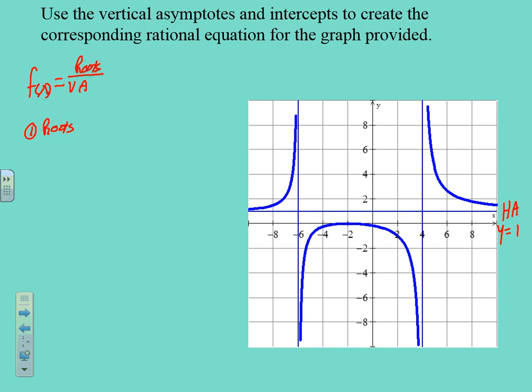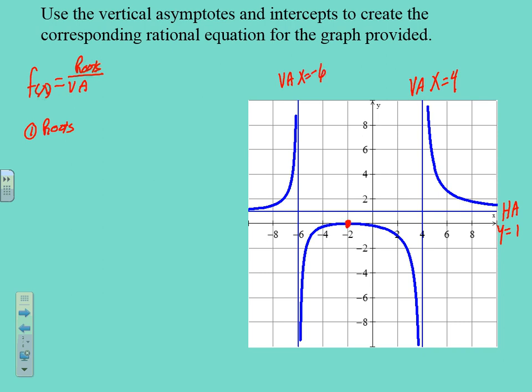So when we've finished, it should be a balanced function, meaning the degree of the polynomial on the top and the degree of the polynomial on the bottom should be the same. I have a vertical asymptote at x is equal to 4, and a vertical asymptote at x is equal to -6.